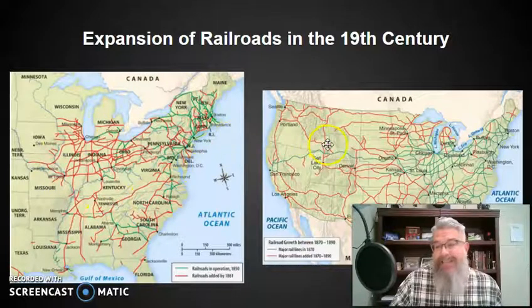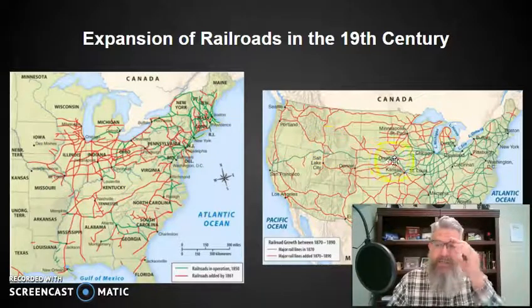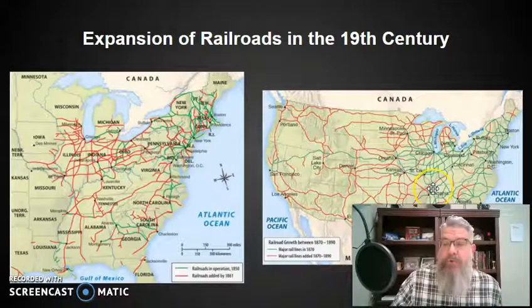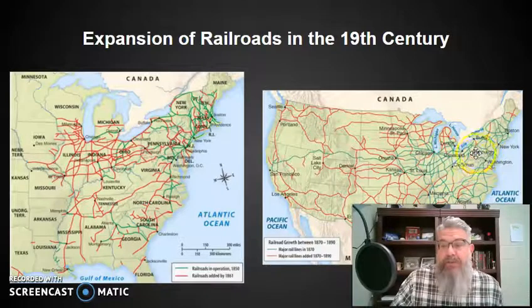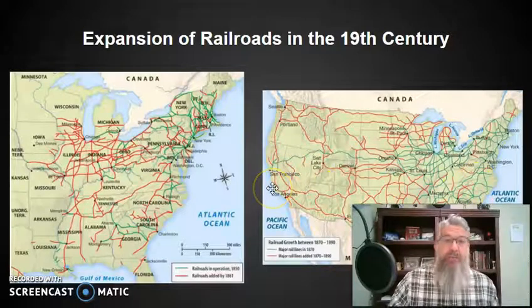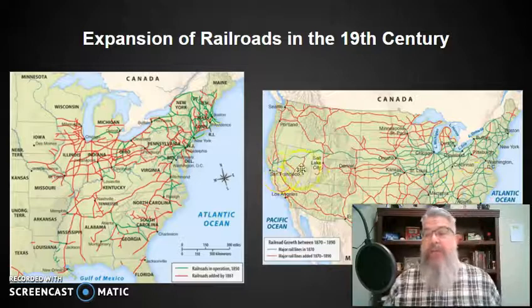By 1860 to 1870, into the last years of the 19th century, we see an explosion of railroads throughout the country, and that's what we see here on this second map. Not just continuing to grow throughout the eastern parts of the United States and in the South, but also in the West, right? And that all begins with the Pacific Railway Act and the building of the Transcontinental Railroad.